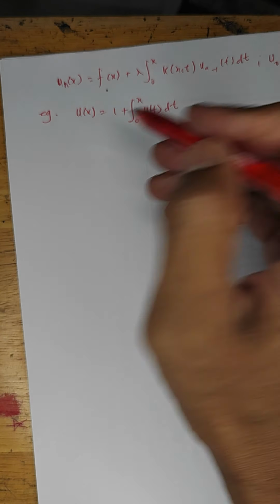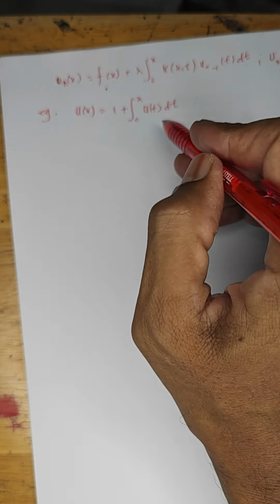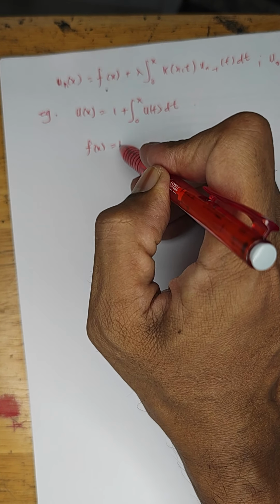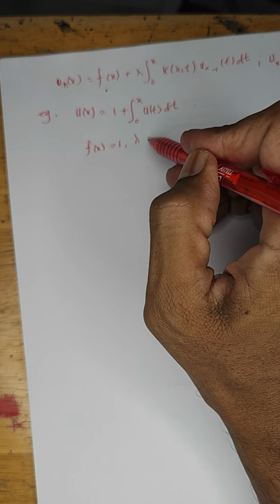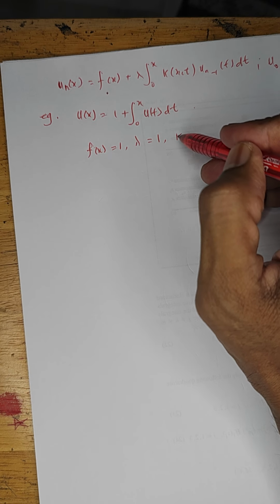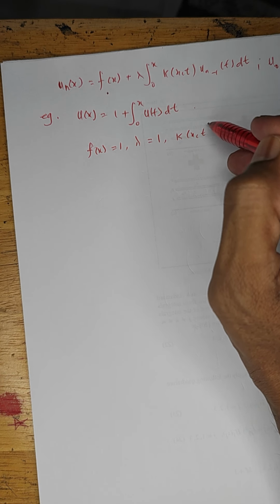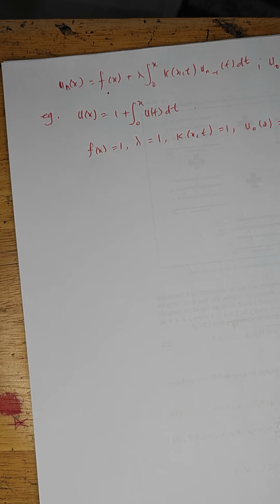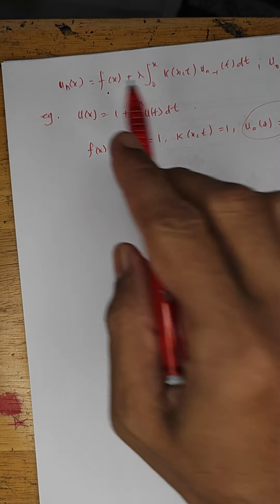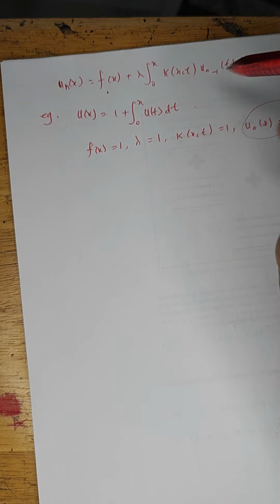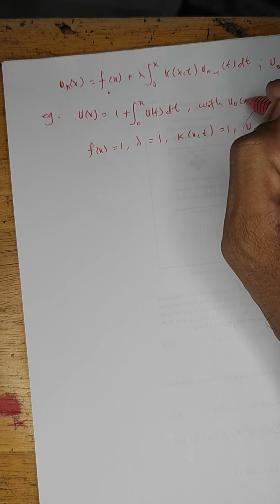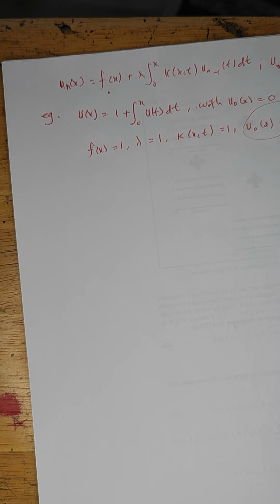Compared with the general form of the Volterra equation, we have f(x) equal to 1, lambda equal to 1, K(x,t) also 1, and u0(x) given in the question as 0, so we solve it with u0(x) equal to 0.